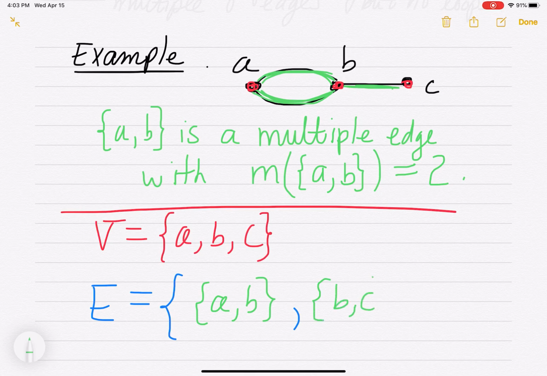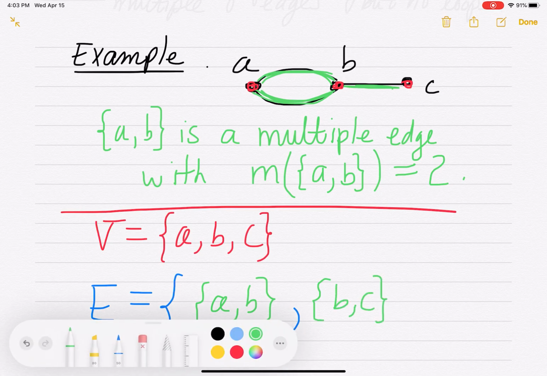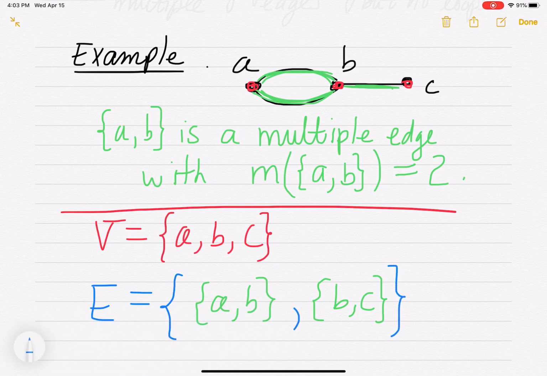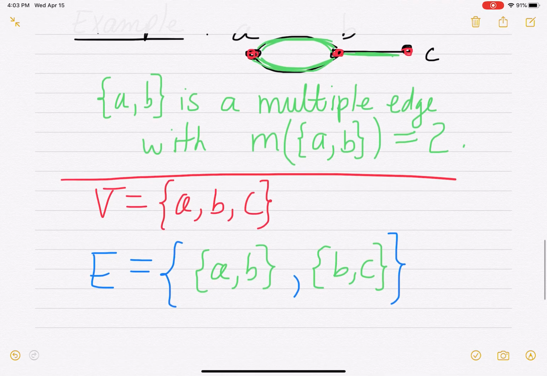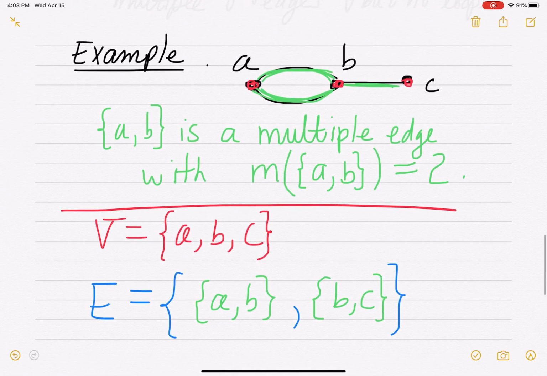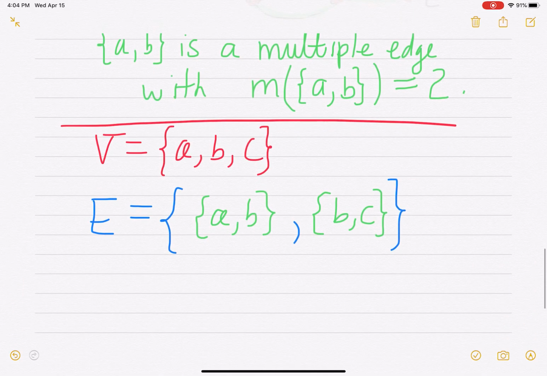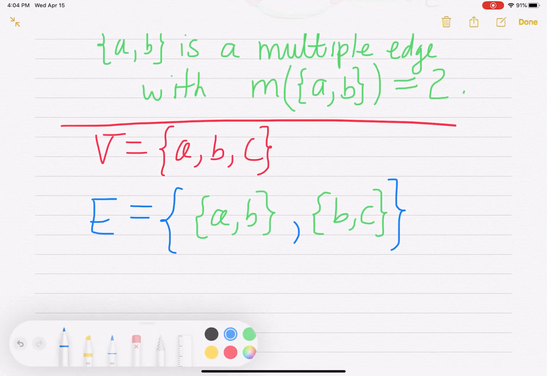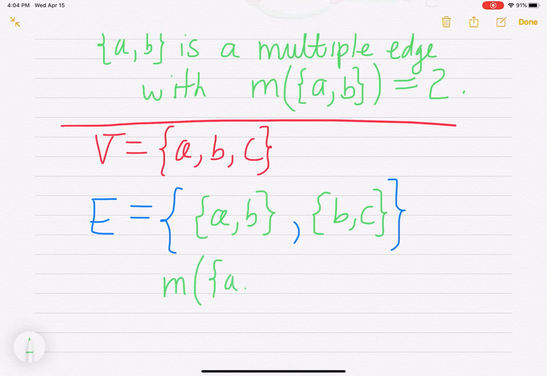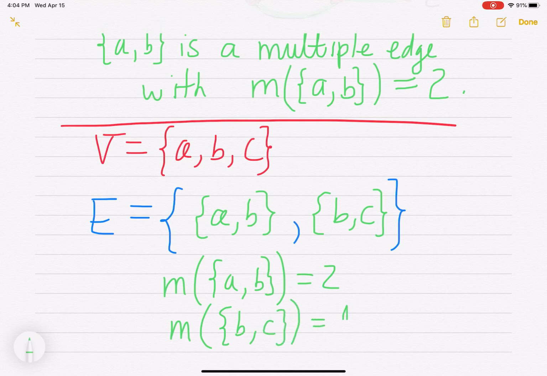So you have 2 edges, but you need to specify the multiplicities of your edges. So notice that AB is a multiple edge. So we're going to write here now M of AB is 2. And we have to specify the multiplicity of BC. M of BC is 1.